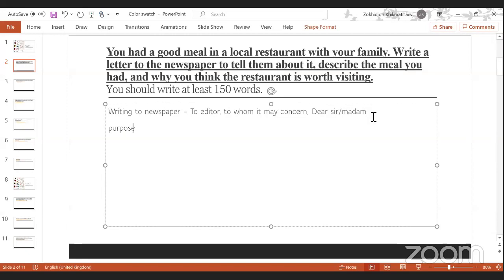Purpose of writing. So what is the purpose of writing? Telling them about food, about the meal. Yes, do you want to just talk about the food, or do you want to advertise a certain restaurant? Yes, advertise. You want to promote it.